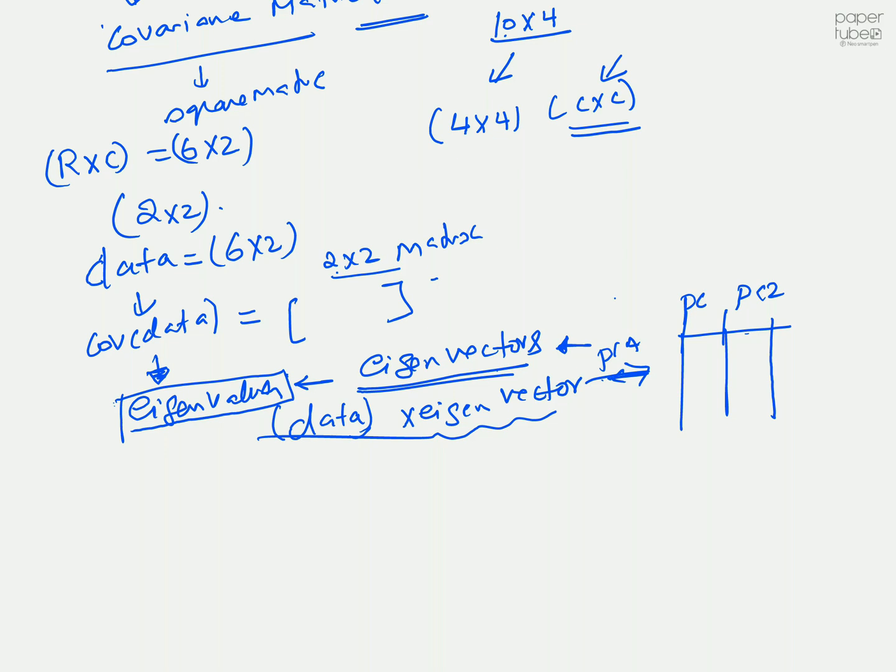So since our covariance matrix is 2 by 2, let's go to the next page. So if your covariance matrix is 2 by 2, you will get 2 eigenvalues, say lambda 1, lambda 2, and we have to check which one has the highest value.